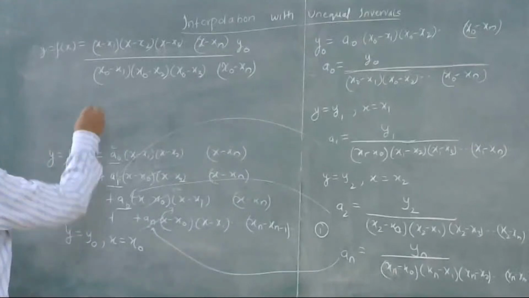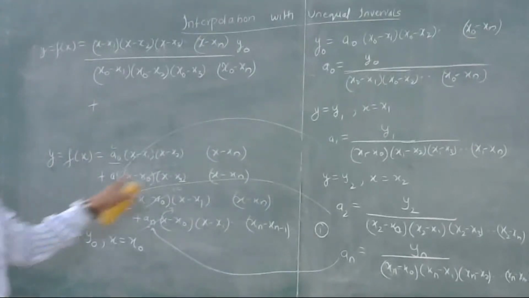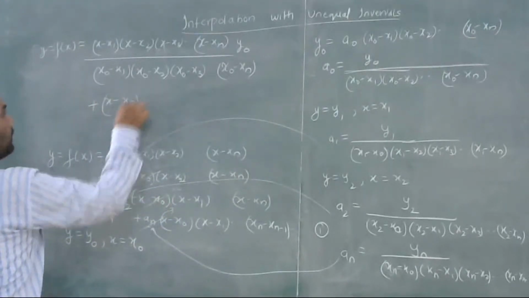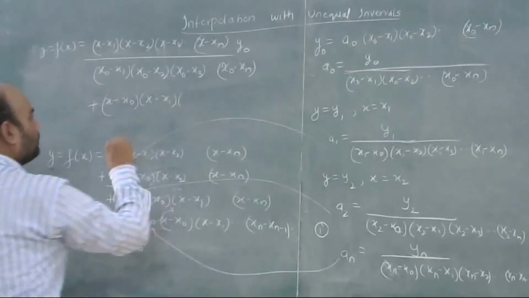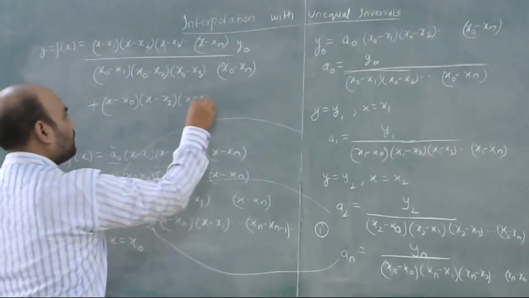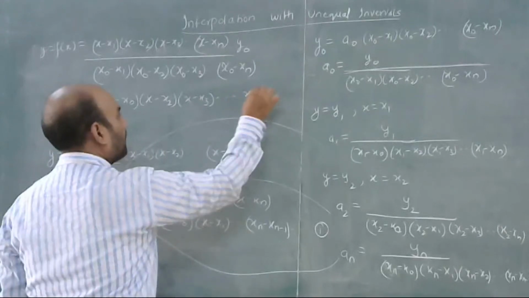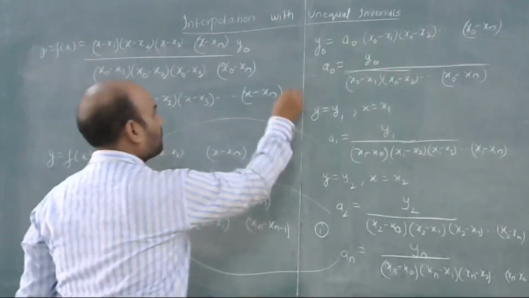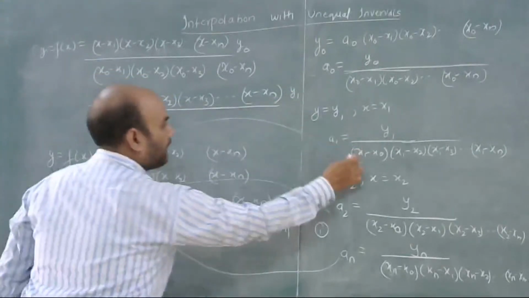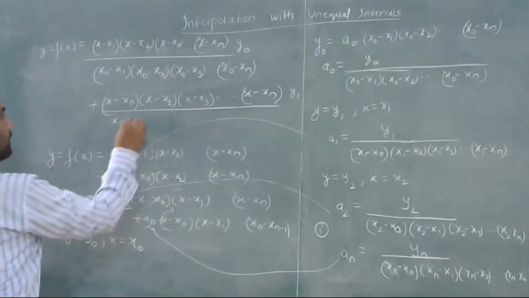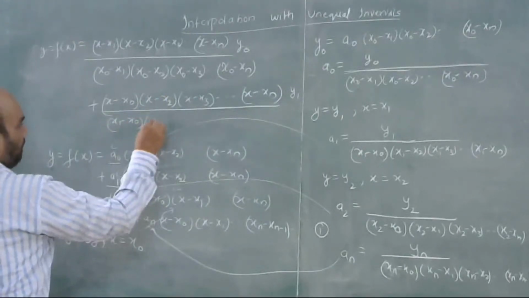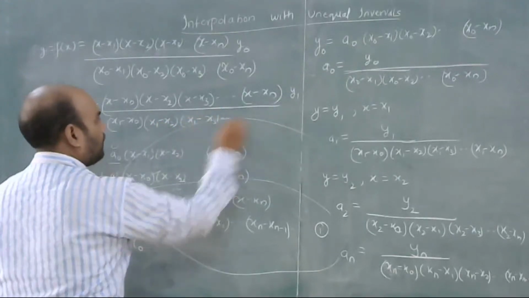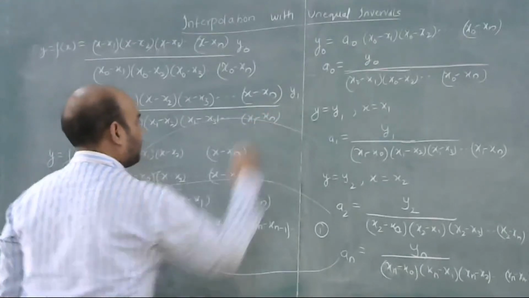So the second term, plus substituting the value of a1. So this is (x − x0)(x − x2)(x − x3) up to (x − xn), and here the numerator is y1, so it is whole multiplied by y1 divided by (x1 − x0)(x1 − x2)(x1 − x3) up to (x1 − xn).